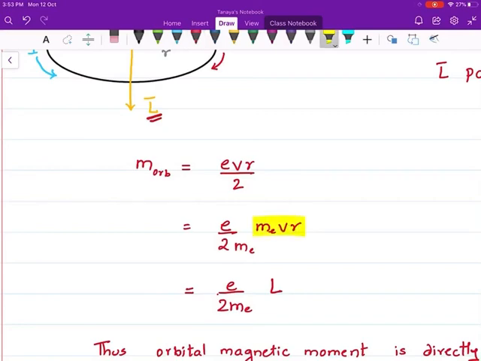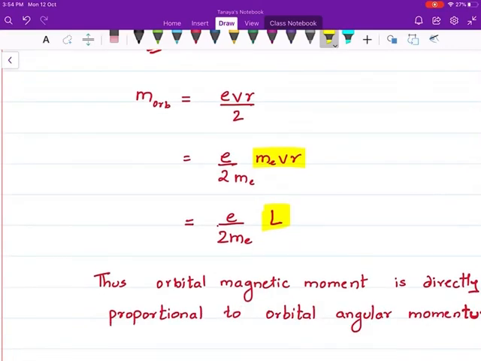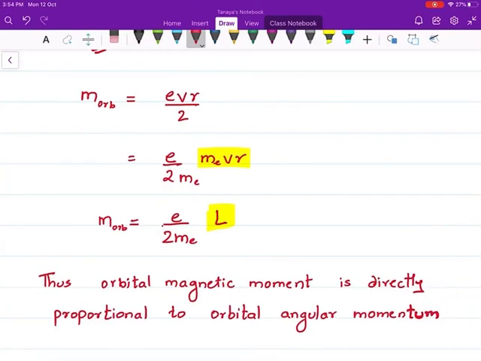That is nothing but our angular momentum. Angular momentum is mvr. So I get the relation m orbital is equal to E upon 2me into L. So this is the relation between m orbital and angular momentum. It is seen that orbital magnetic moment is directly proportional to the orbital angular momentum.